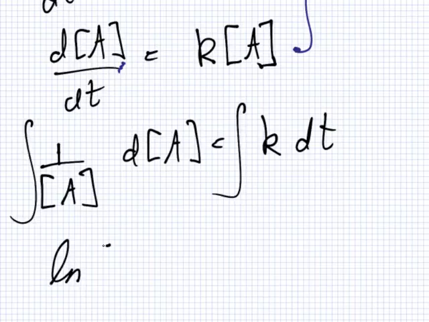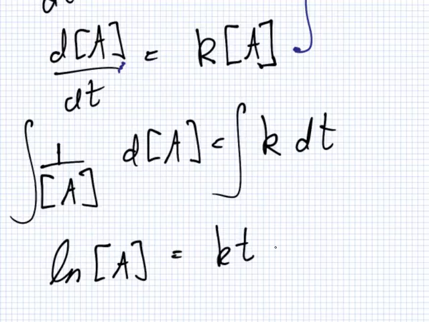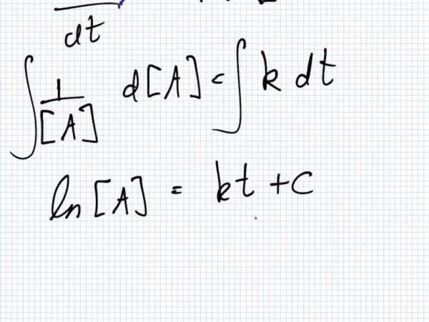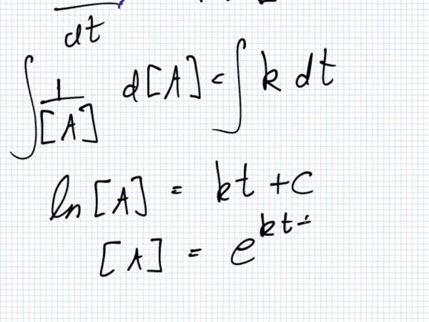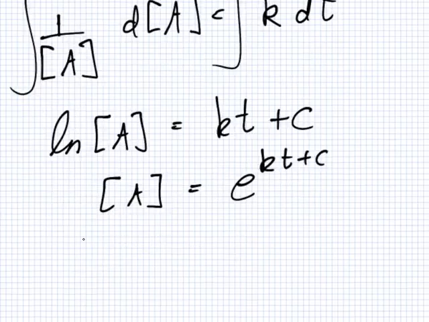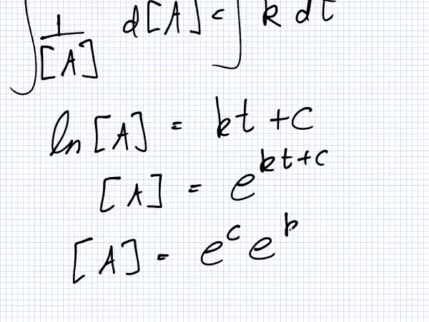Log concentration equals kt plus C. So we get concentration equals e^(kt+C). Concentration equals e^C times e^(kt).